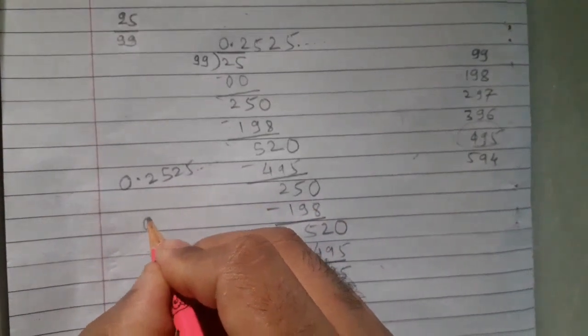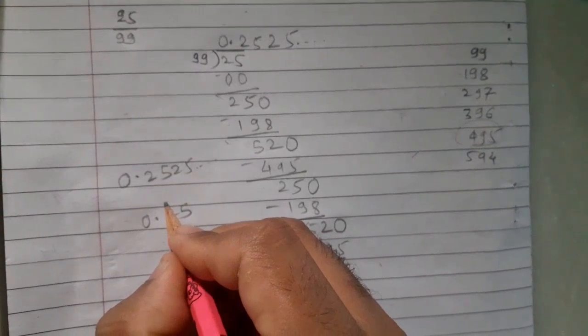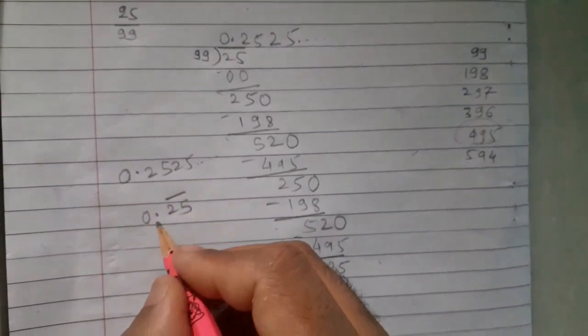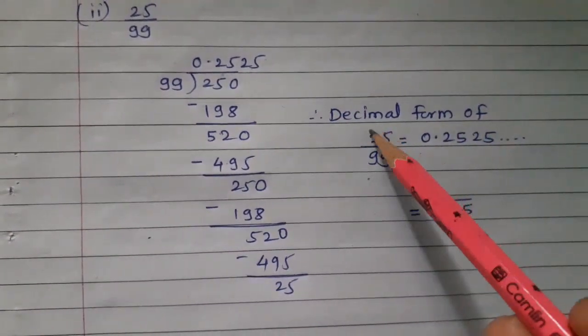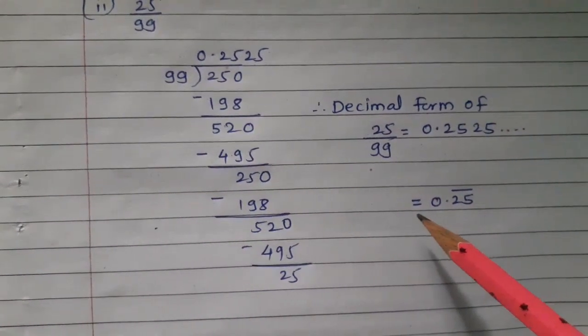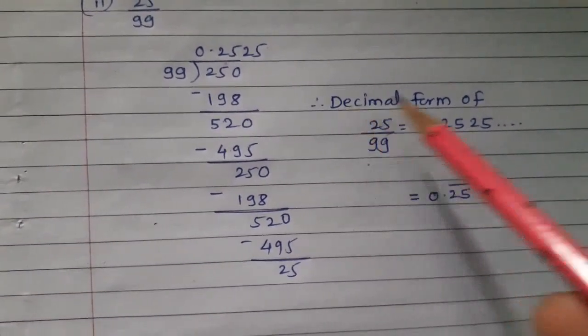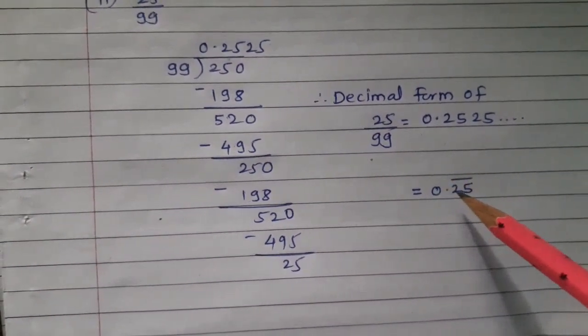So we can write 0.25 and put over bar digits 2 and 5. Therefore, the required decimal form of 25 upon 99 is 0.25 bar over this 25.